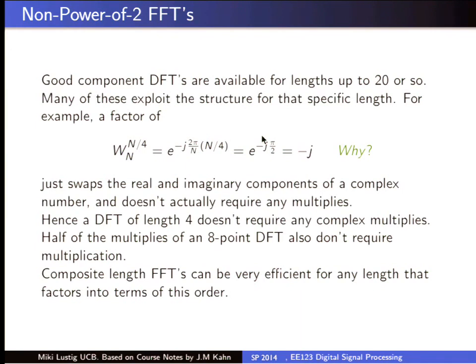That's what minus j means: you just flip the real with the imaginary. So there's not even a computation that you have to do there. You just move data around. This is called radix 4 type FFT. So anything that is a power of 4, you can compute faster because the factor is just flipping the real and imaginary components instead of doing pluses and minuses, which is pretty cool, right?